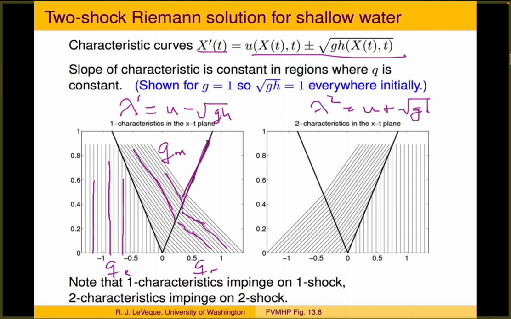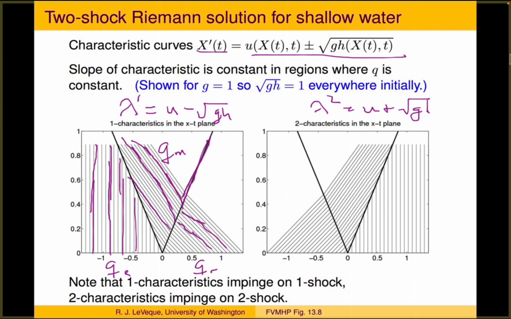But then it moves along at constant speed again based on this middle state. But now we see that it's converging on the shock, as are the characteristics coming from the left. So this is a shock in the one family that satisfies the Lax entropy condition that the characteristics for that corresponding family are impinging on this discontinuity as time advances.